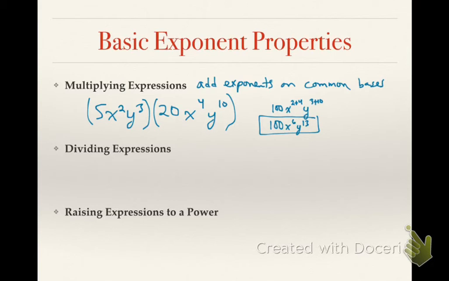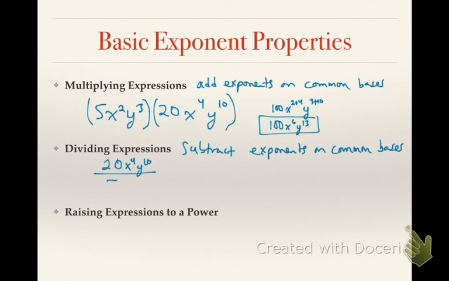Dividing expressions, you're going to subtract the exponents on common bases. So if you had something like 20x to the 4th, y to the 10th, divided by 5x squared, y to the 3rd, same example, just I'm going to divide them rather than multiply them.